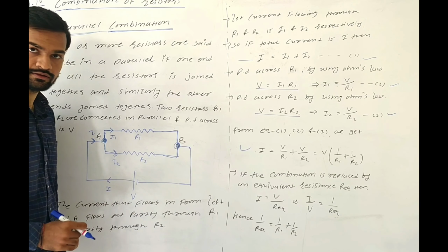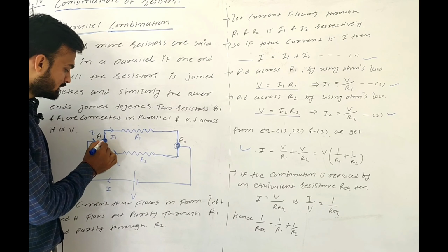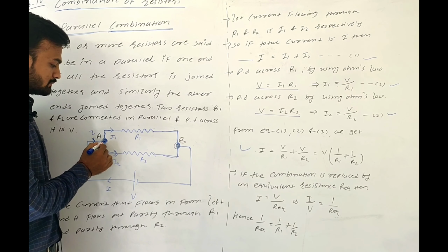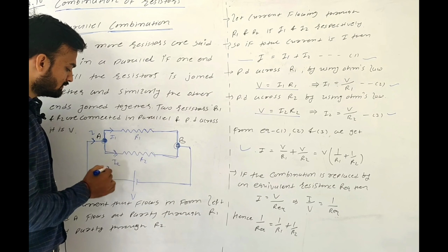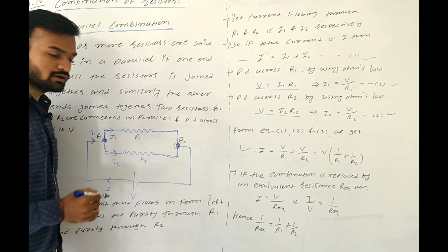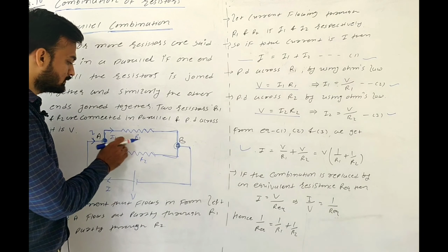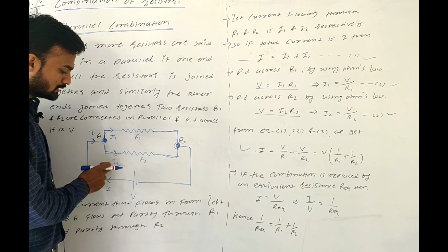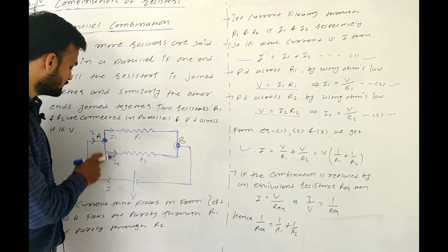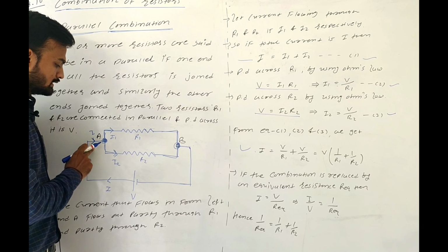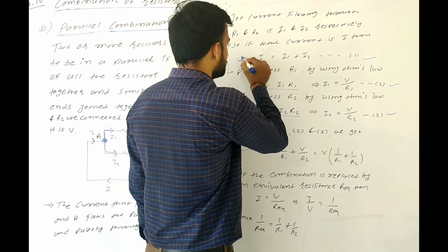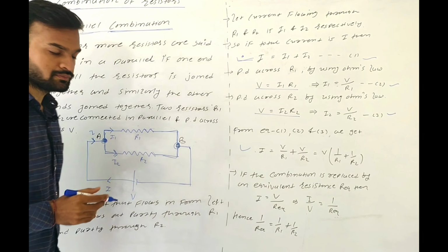At point A, you can clearly see that the entering current partly goes into R1 and partly goes into R2. If the current flowing through R1 is I1, the current through R2 is I2, and the total current is I, then I equals I1 plus I2.